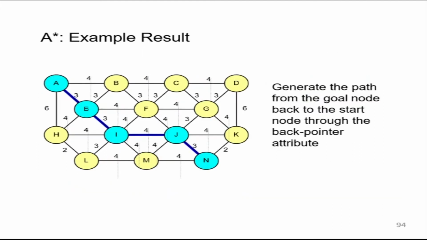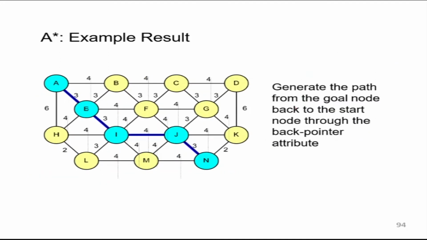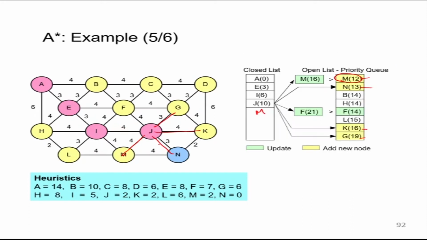Now what we do find is that although it went this side, this connection doesn't give you the least cost. So I connect it this way, and what we find is that the optimal path is not this one, but this one. This is my optimal path.